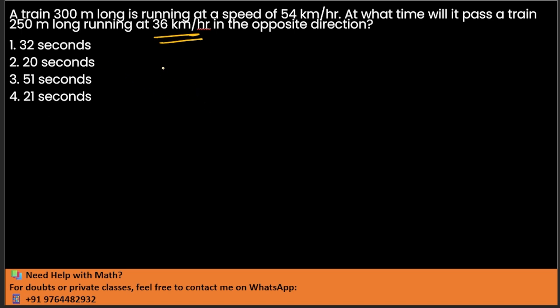So directly we can apply the formula, that is time is equal to distance upon speed. Here this train is crossing an object having length, so the distance traveled will be the length of this train plus the length of the other train, that is 300 plus 250, the length of train 1 plus the length of train 2, and this is equal to 550.